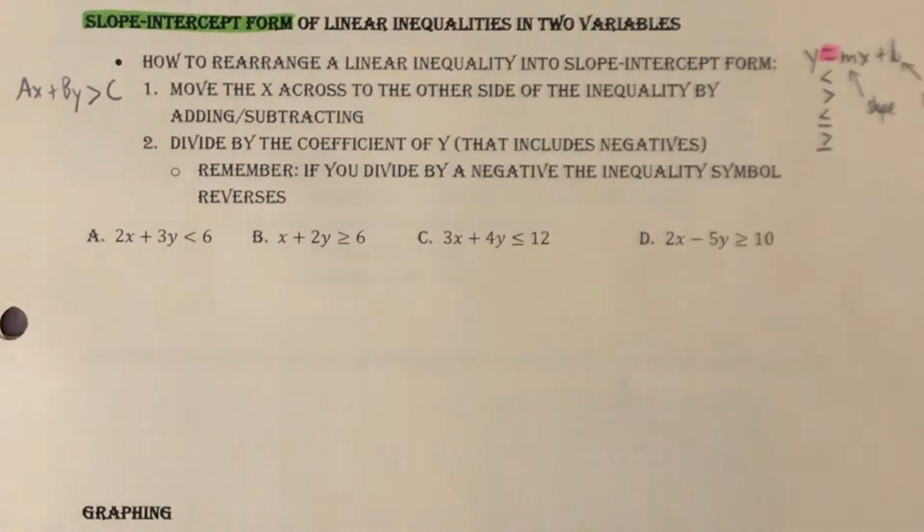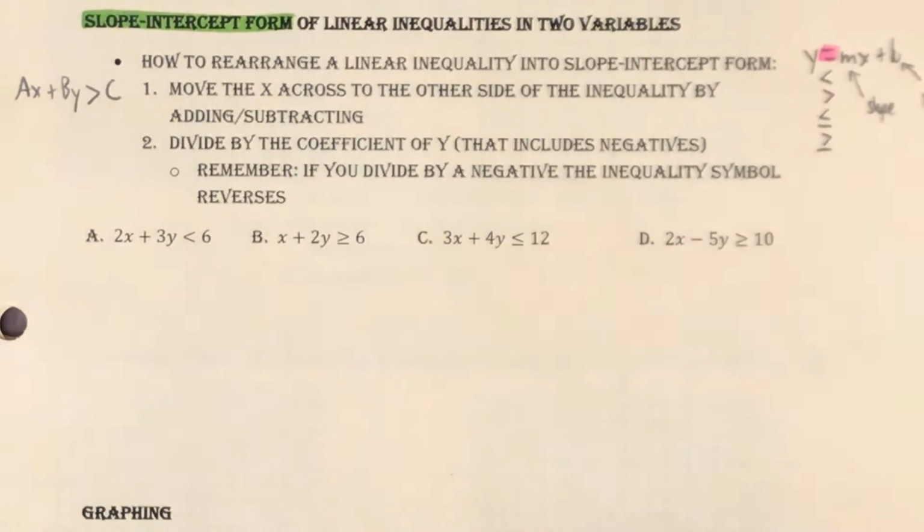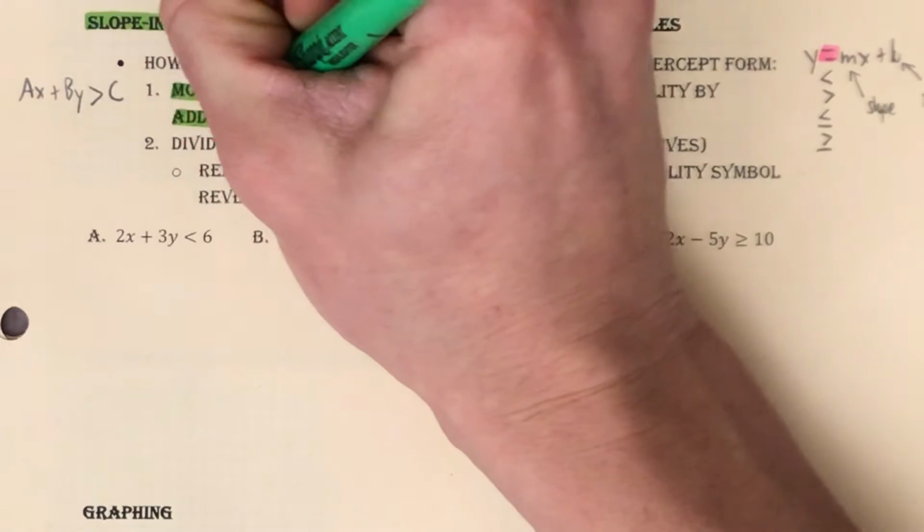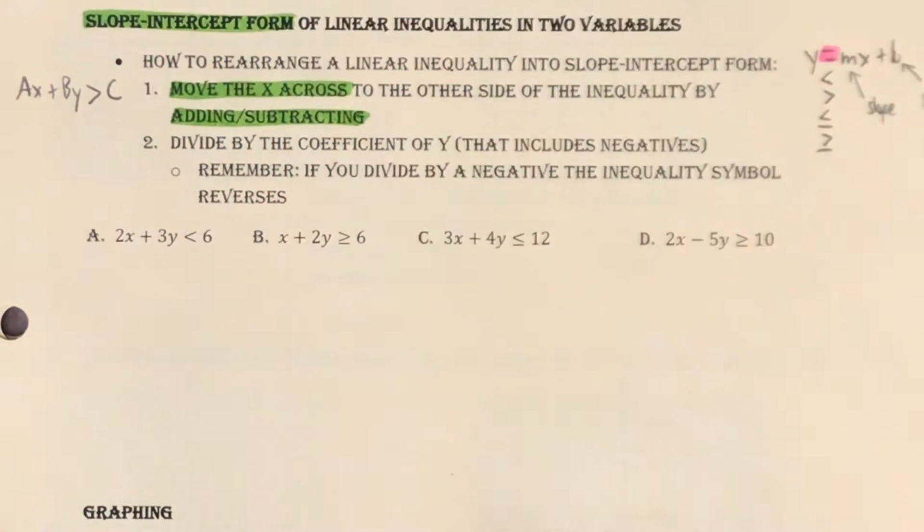The first thing we want to do is get the x off the same side as the y. So we need to move the x across, and that happens by doing the opposite of what it is. If it's positive, we subtract it. If it's negative, we add it.